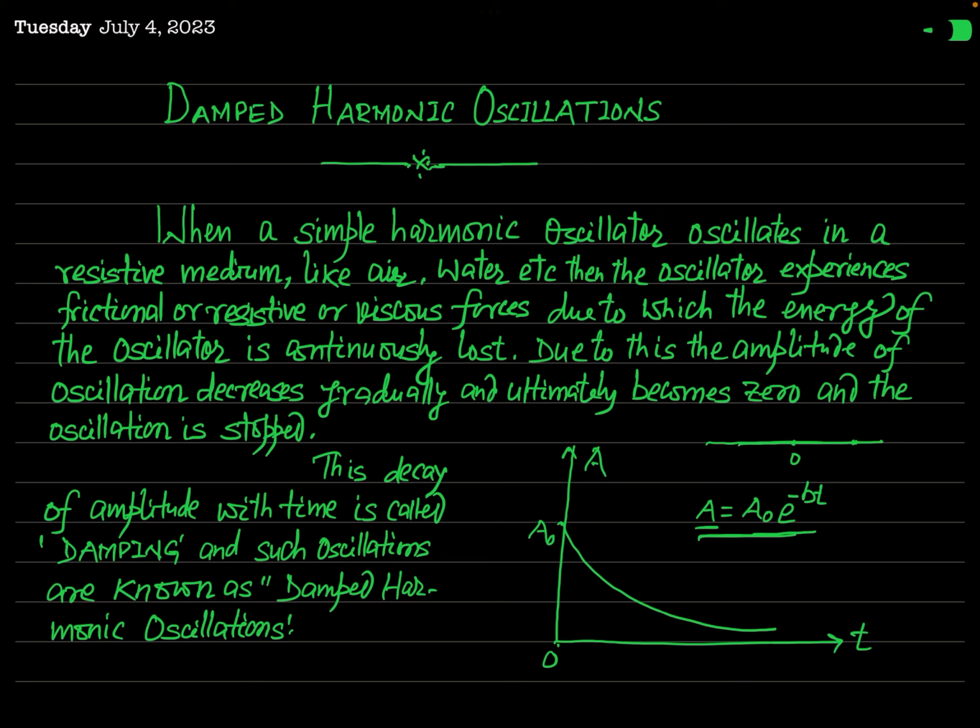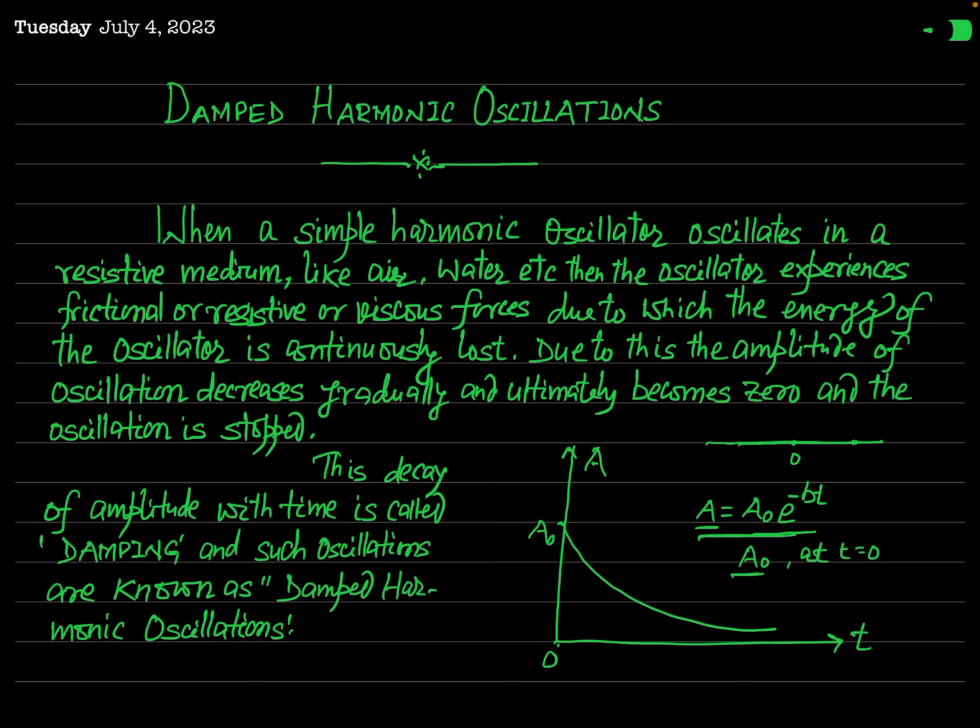Actually here A naught is the amplitude of the oscillator at t equal to 0. It means initially its amplitude is A naught, but b is a positive constant, which is actually called the damping constant, and t is time. So you can see this amplitude decreases with time exponentially.